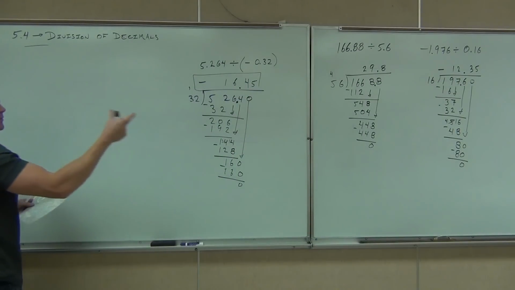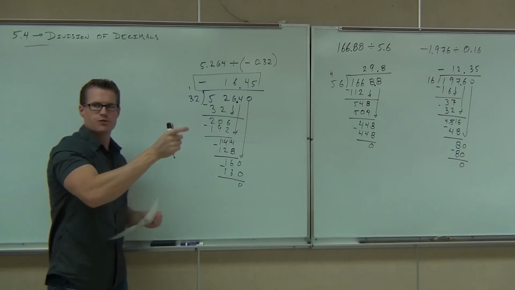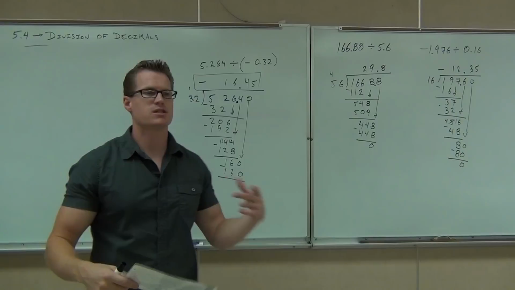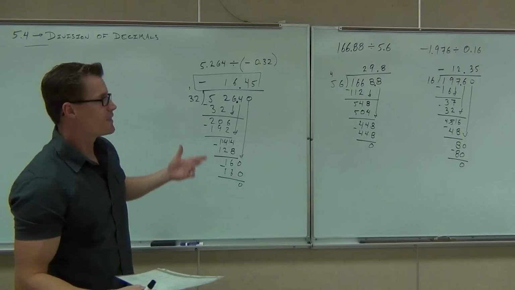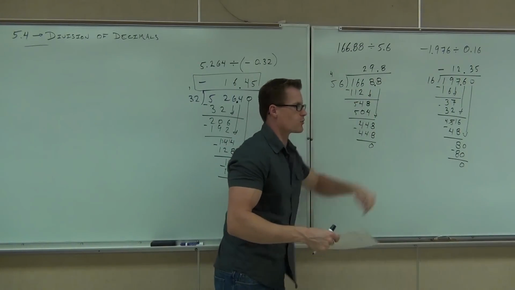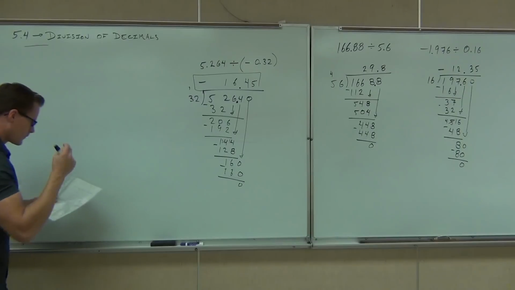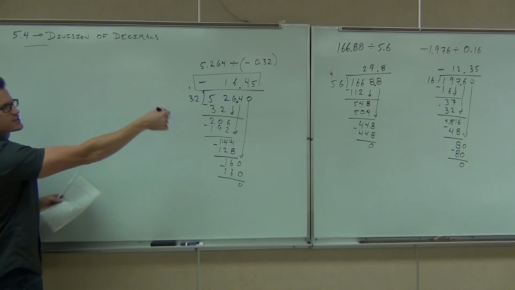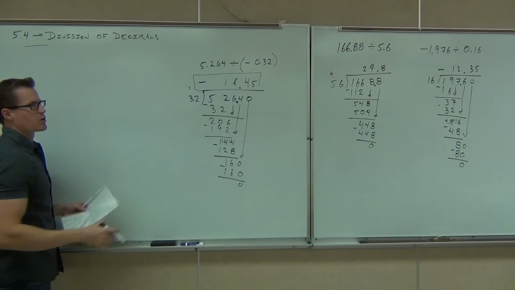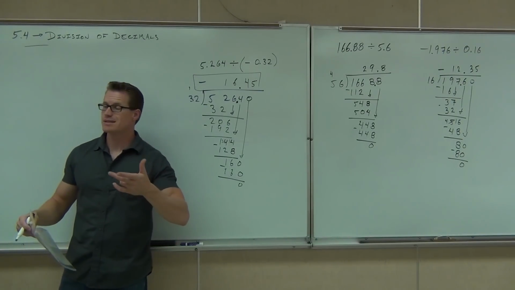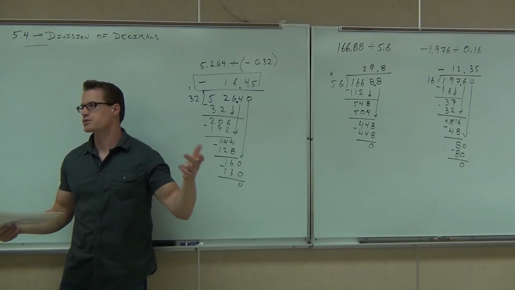Also, our multiplication rule for signs, our division rule for signs, still works. So we're calculating the sign of our quotient before we even do the work. That way we don't have these negatives floating around everywhere. Third thing we know is we can always add a 0 at the end of our number to continue the process. That way we can find out, instead of having a remainder, what the decimal equivalent is going to be.